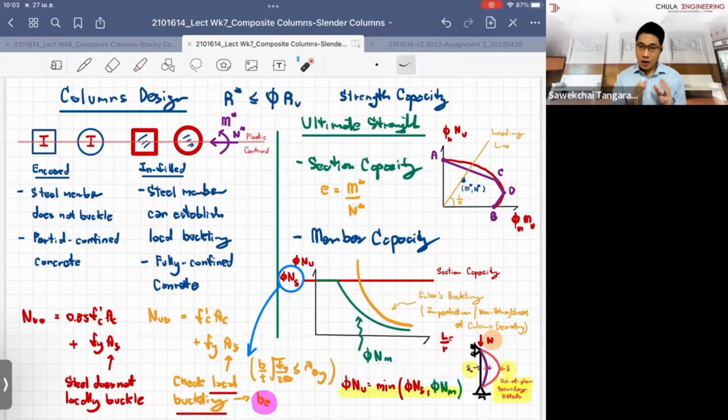Because in the composite steel and concrete column, we mix two materials together, and we make these two materials have a mechanism so that they can work very well together. And we use the strength criteria to tell how much stress will be developed in each material. We have two types of material, one is steel, the other one is concrete.